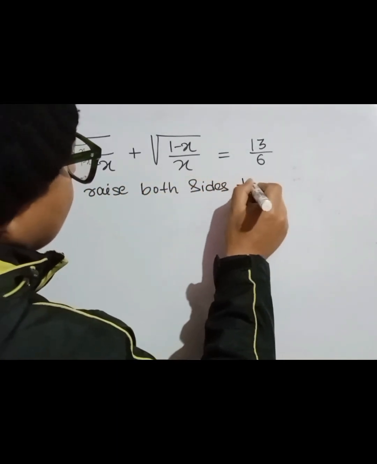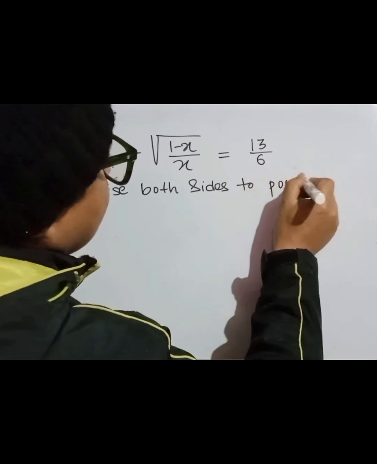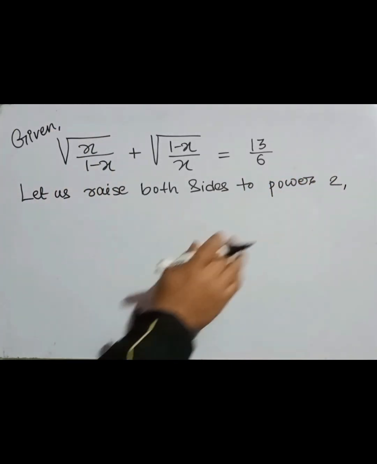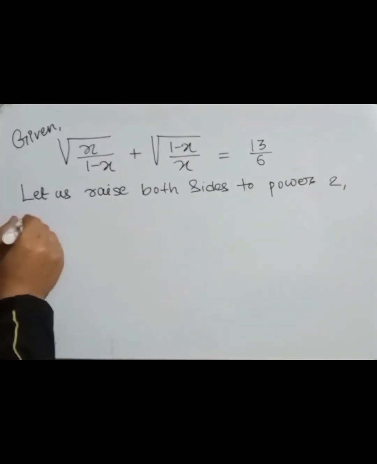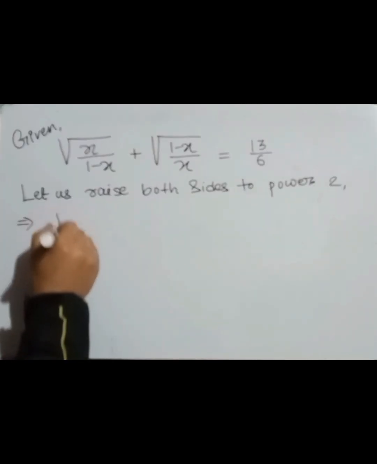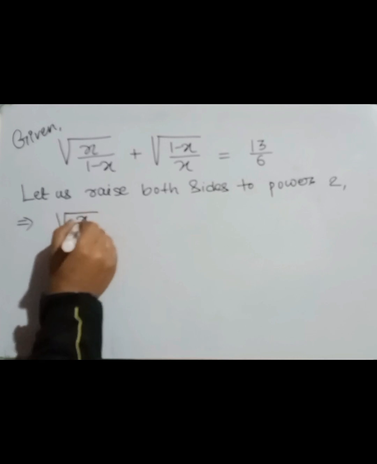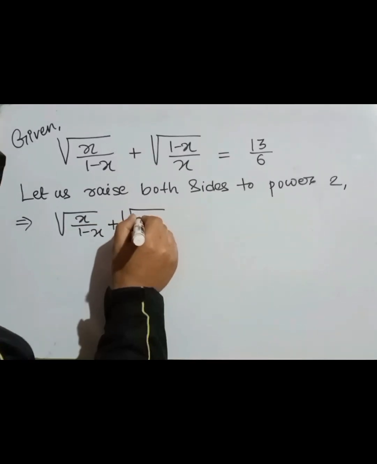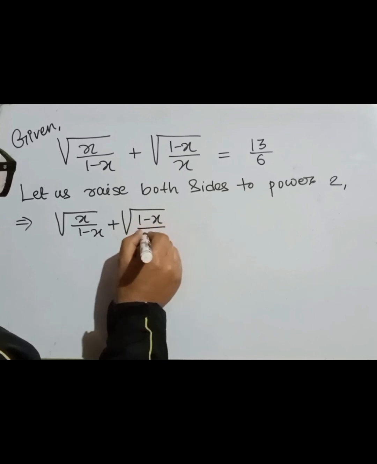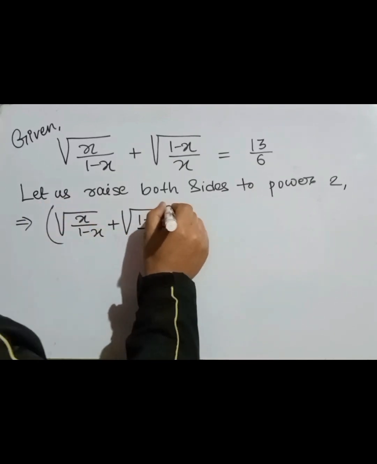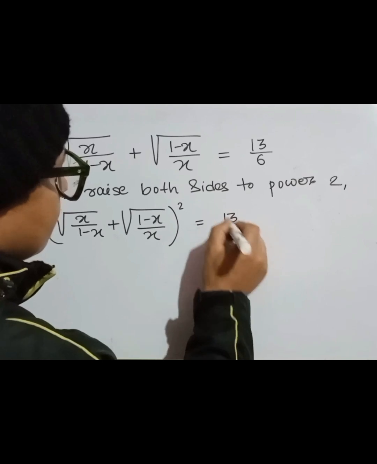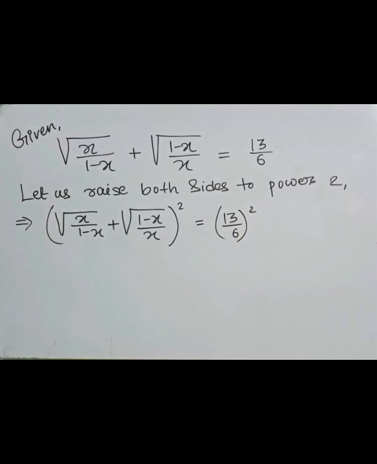So in the next line it becomes (√(x/(1−x)) + √((1−x)/x)) whole raised to the power 2, and the right hand side also (13/6) whole raised to the power 2.